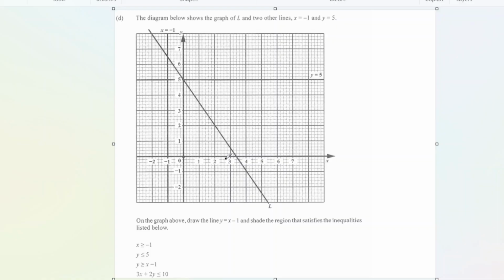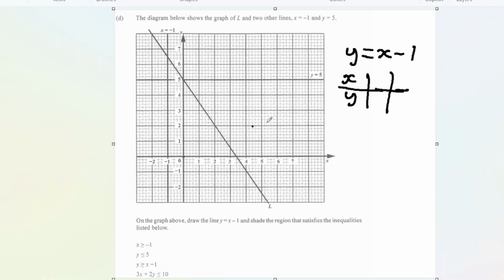So they want us to draw the line y is equal to x minus 1. How are we going to draw that line? We need a set of values. So y is equal to x minus 1. You look at the x-axis.